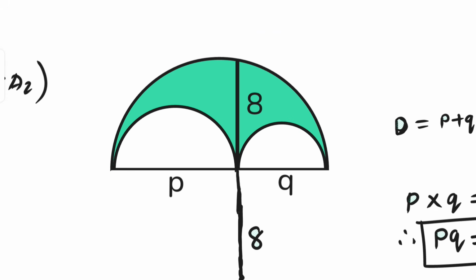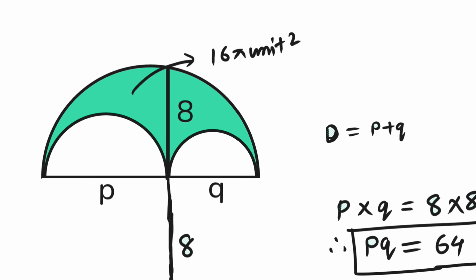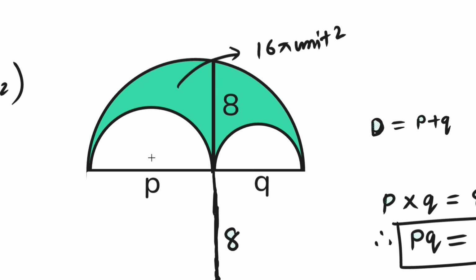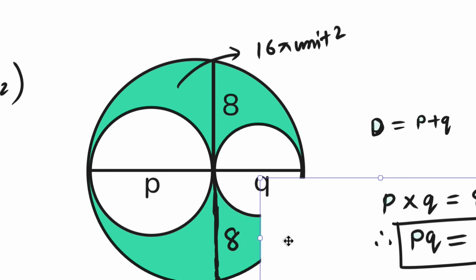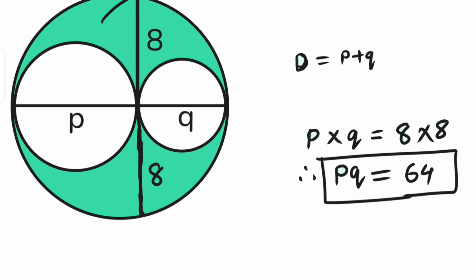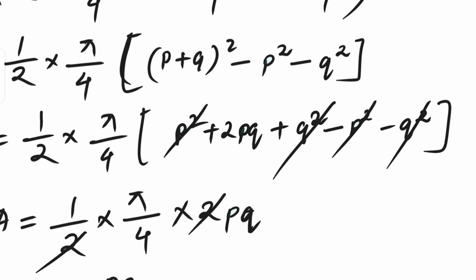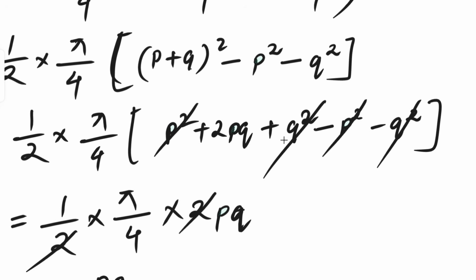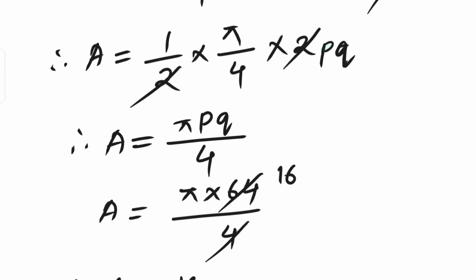Notice how beautifully the problem comes together. We never needed to calculate P and Q individually. We first transformed the semicircle area problem into a full circle area expression, then expanded p plus q whole squared, canceled the p squared and q squared terms, and reduced the entire area calculation to pi times pq divided by 4.